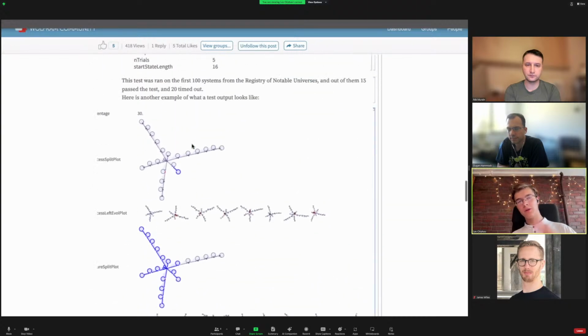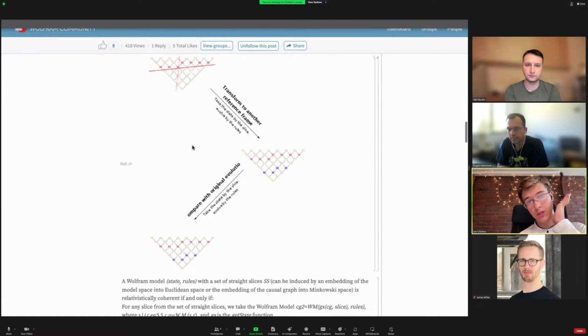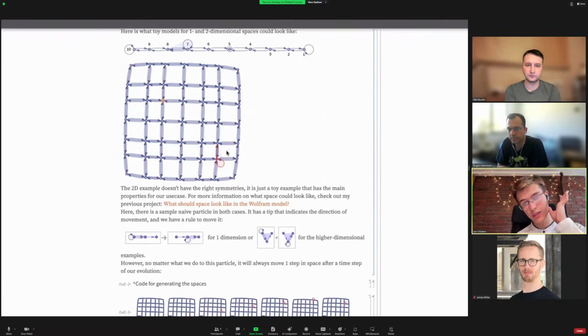So one way of trying to implement particles with different speeds would be to take something like this, and then we can have the length of the tip correspond to the speed. You might imagine a tip that goes all the way up to this vertex, and then the particle moves 2 steps at a time. Or you can have some intermediate state, which is something I also implemented, such that it takes the particle 2 rule applications to move to the next vertex.